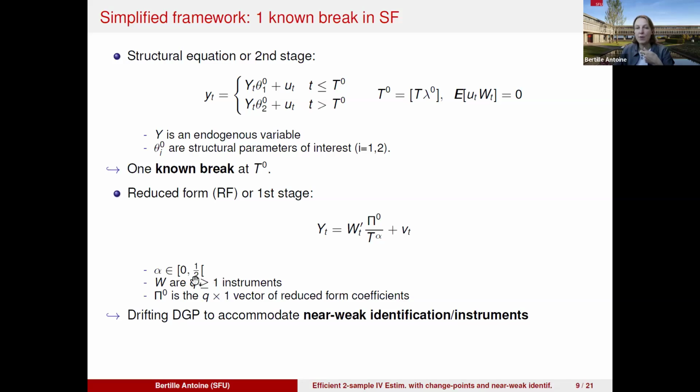We are not allowing for the boundary 1/2 to be included, but it can be anything between strong, where alpha would be 0 and there is no drifting to 0, up until what is now referred to as near weak or near strong, depending on what kind of team you are on. In this context, our main goal is to provide reliable and efficient inference on the slope parameters, theta naught, before and after the breakpoint T naught.